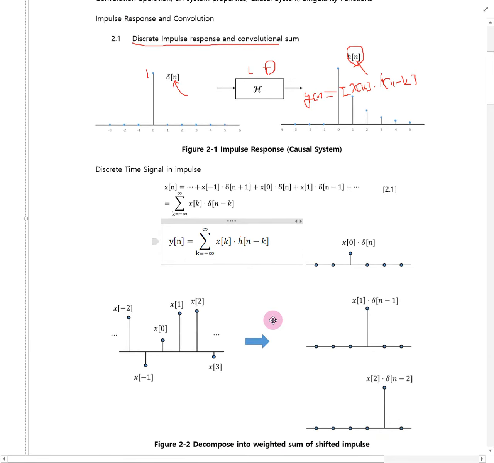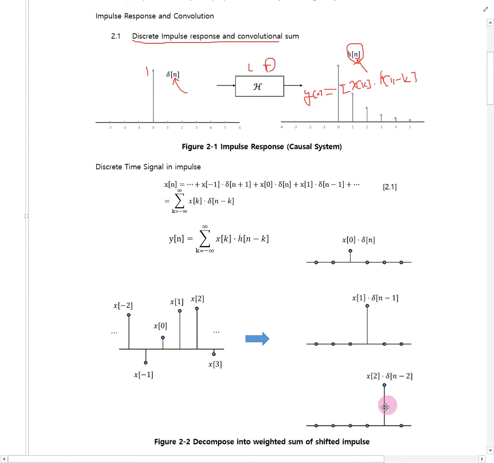So here it shows how to decompose the input sequence into scaled impulse sequences. You can see x0 scaled by delta[n], x1 is x1 delta[n-1]. By summing up all these sequences, it gives the original input sequence.